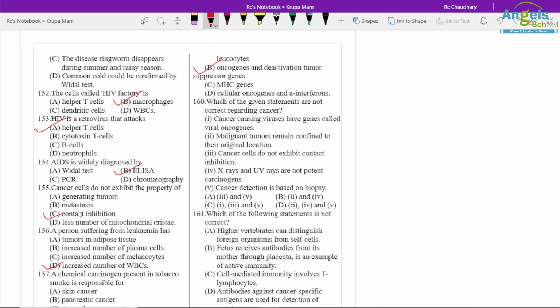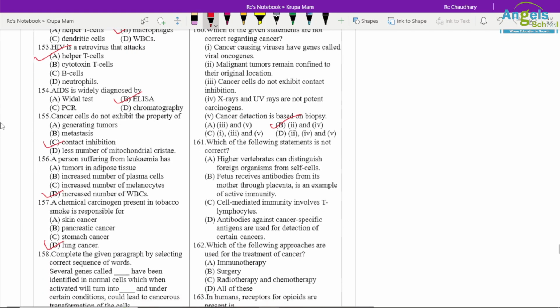Malignant tumor remains confined to its original location. It is incorrect. Cancer cells do not exhibit contact inhibition, a correct statement. X-ray and UV are potent carcinogens, so options 2 and 4 are incorrect. So option B is correct.